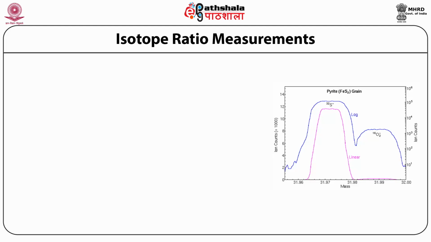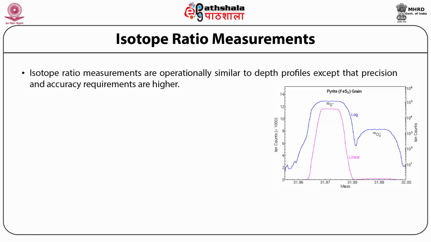Isotope ratio measurements. Isotope ratio measurements are operationally similar to depth profiles, except that precision and accuracy requirements are higher. Since all of the isotopes of an element have the same chemical properties, ionization and detection efficiencies remain nearly constant for the different isotopes.